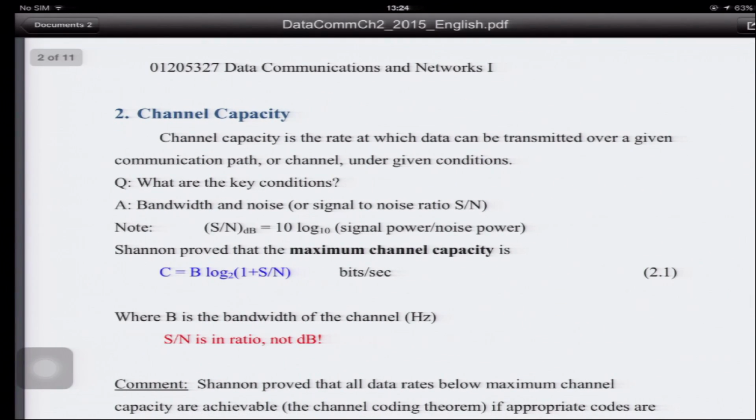The second topic we talk about is channel capacity. The channel capacity is the rate at which data can be transmitted over a given communication path or channel, under given conditions. The channel capacity is like a pipe.